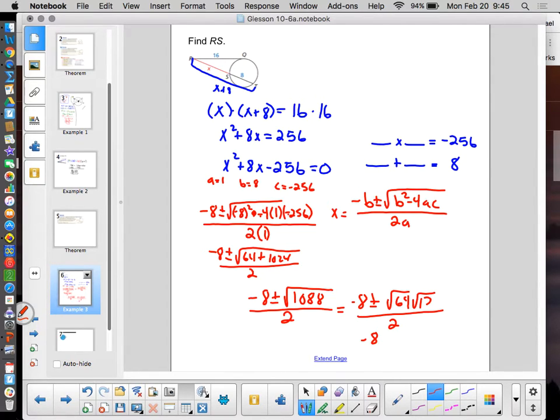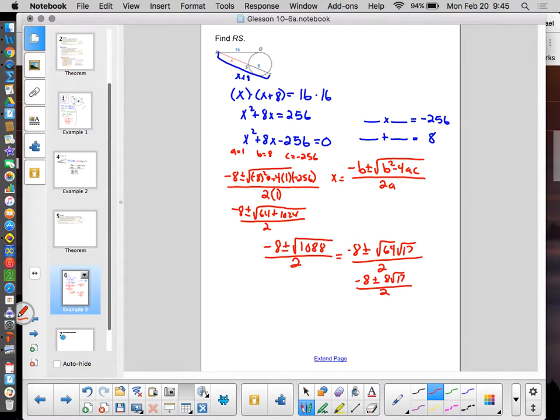Or negative 8 plus or minus 8 root 17 over 2. That's nice. Factor the 2 out of the numerator, that's negative 4 plus or minus 4 root 17.